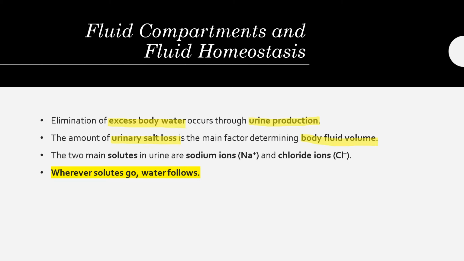The main solutes in extracellular fluid and in urine are going to be sodium ions and chloride ions. Now, in a similar way, the main factor that determines body fluid osmolarity is the extent of urinary water loss. So this is going to be a really important thing to remember, that wherever solutes go, water follows. So this is important.